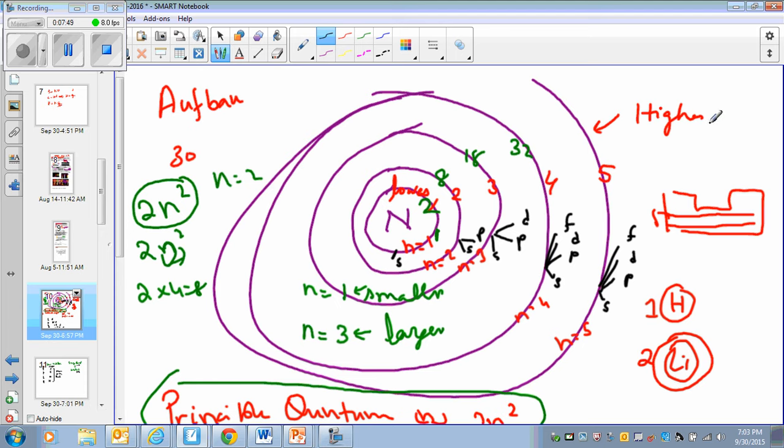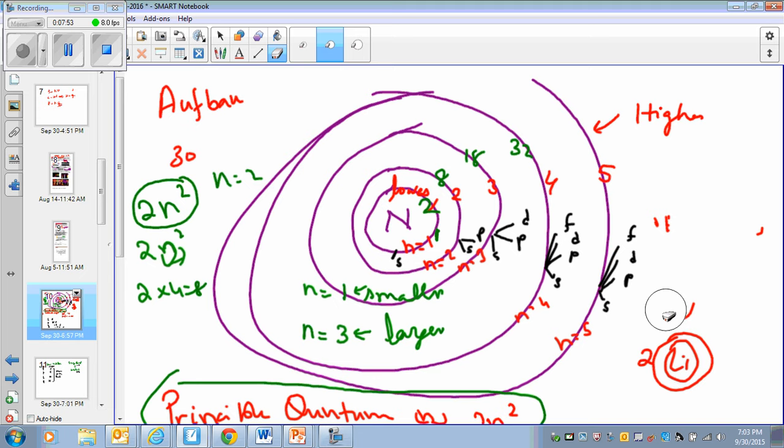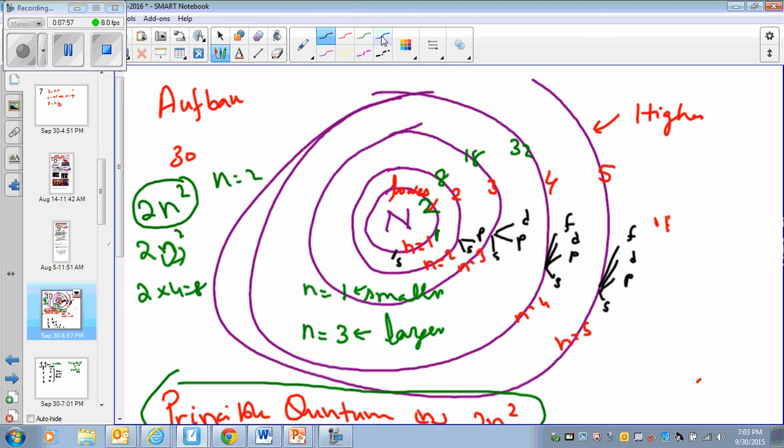Now, I already told you how many electrons they can maximum take. S can take 2 electrons, P can take 6 electrons, D can take 10 electrons, and F can take 14 electrons. And this is pretty much it. That's all you need to know to do this math.